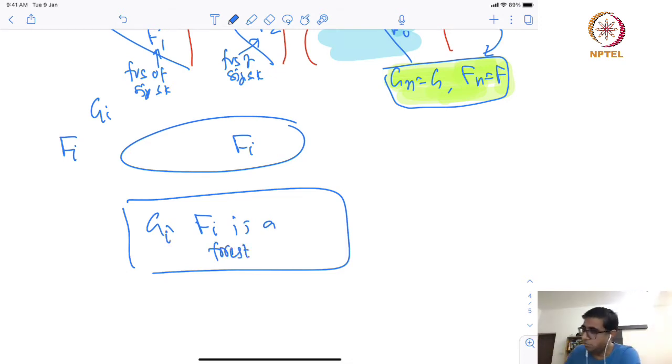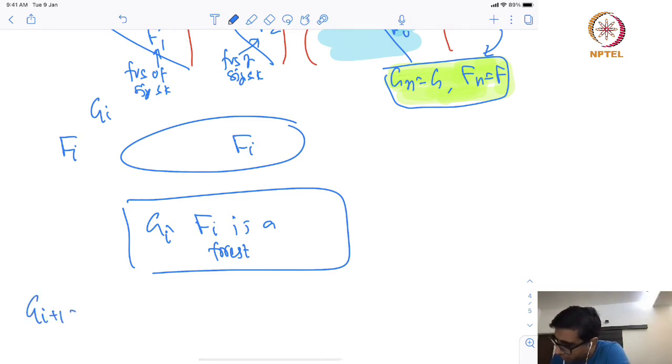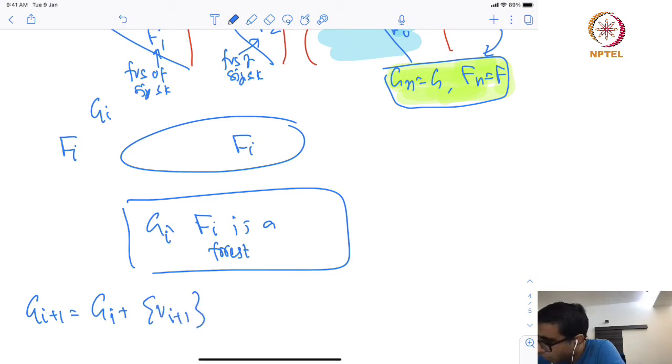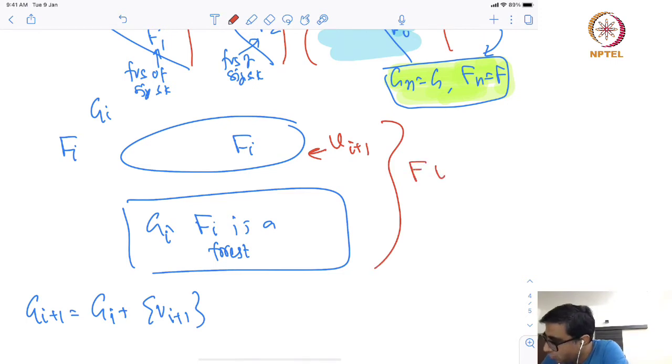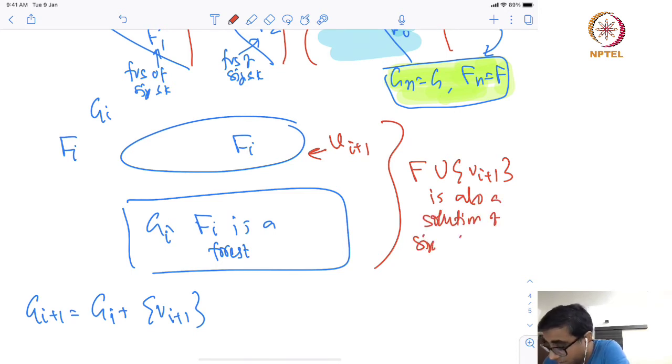Now, what is Gi plus 1? Gi plus 1 is Gi plus vertex Vi plus 1. So, notice if I push Vi plus 1 here, then Fi union Vi plus 1 is also a solution of size at most k plus 1 of Gi plus 1.